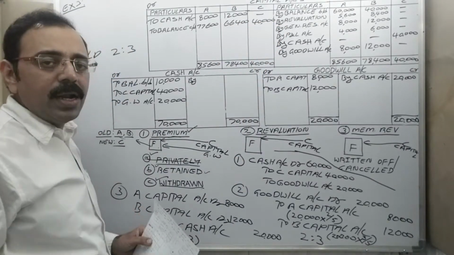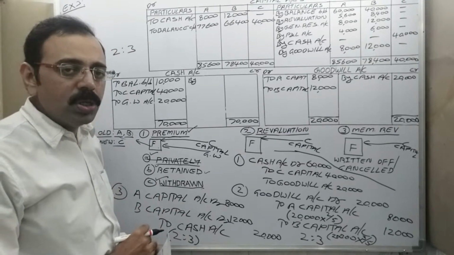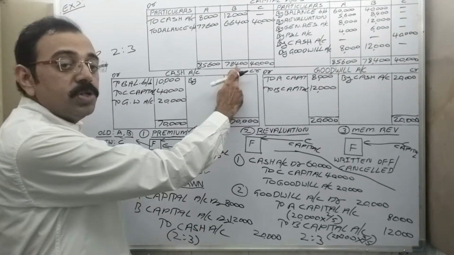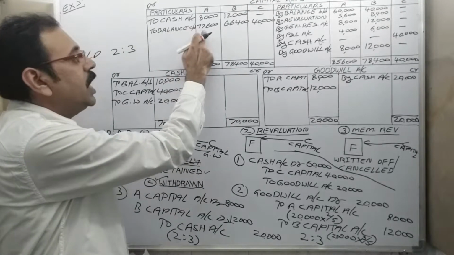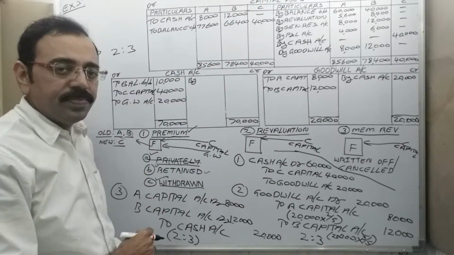Now, in the new balance sheet liability side, while writing the capital amounts, don't write these totals. Which amounts should we write? The balance carried down amounts. These three we should show in the new balance sheet.